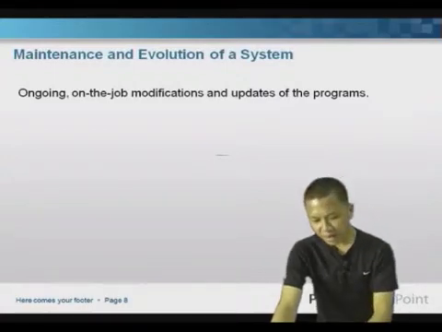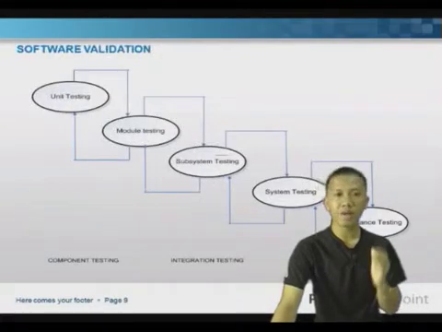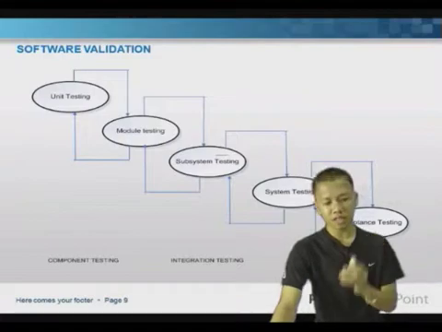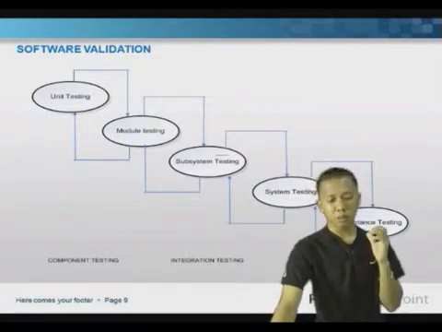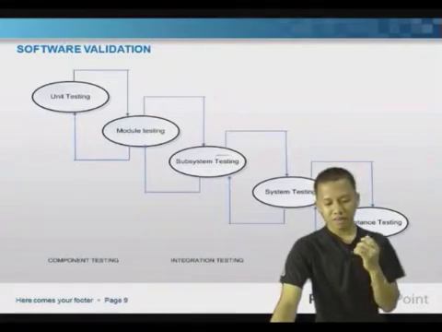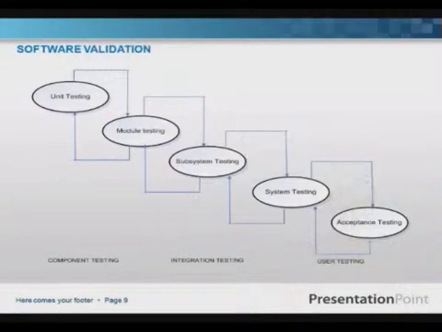The second is software validation, the testing of every module of a system. The first process is unit testing, the second is module testing, the third is subsystem testing, the fourth is system testing, and the last is the acceptance of the system.